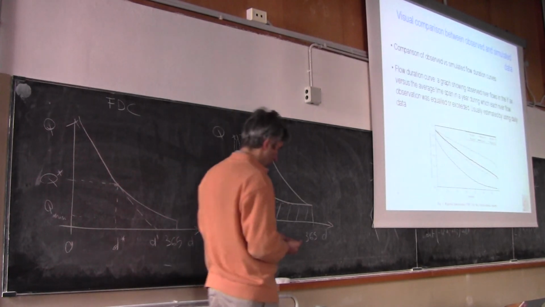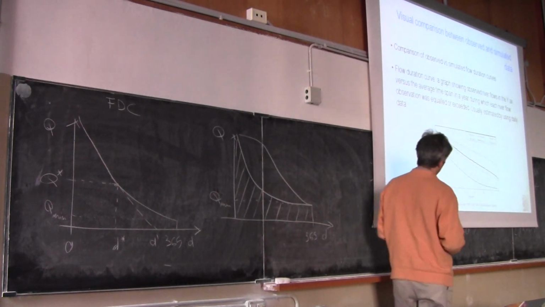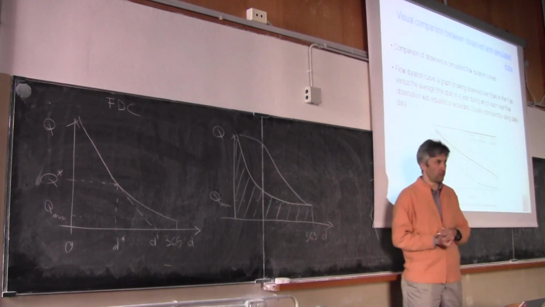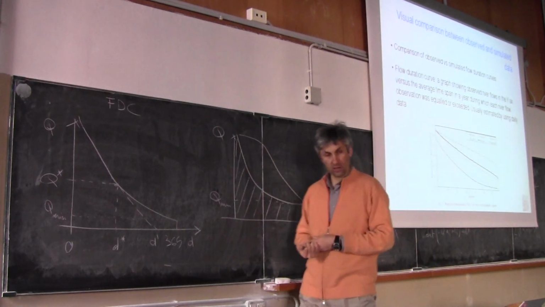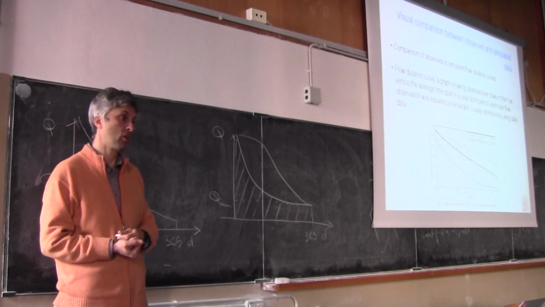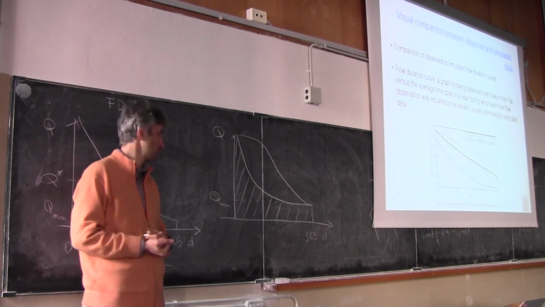So the area below the flow duration curve represents the volume of water that flows across the cross-section on average in a year.